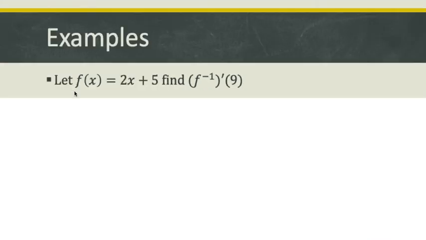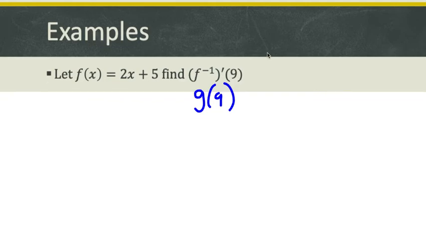Next one. Here I just have like 3 examples of practicing this same concept, and just seeing what we get. So we have to go through the whole process of saying, all right, if I'm looking for an inverse derivative, and again, you can just say this g of 9, that means the function f has the point, let me do that again, f has the point something, 9.